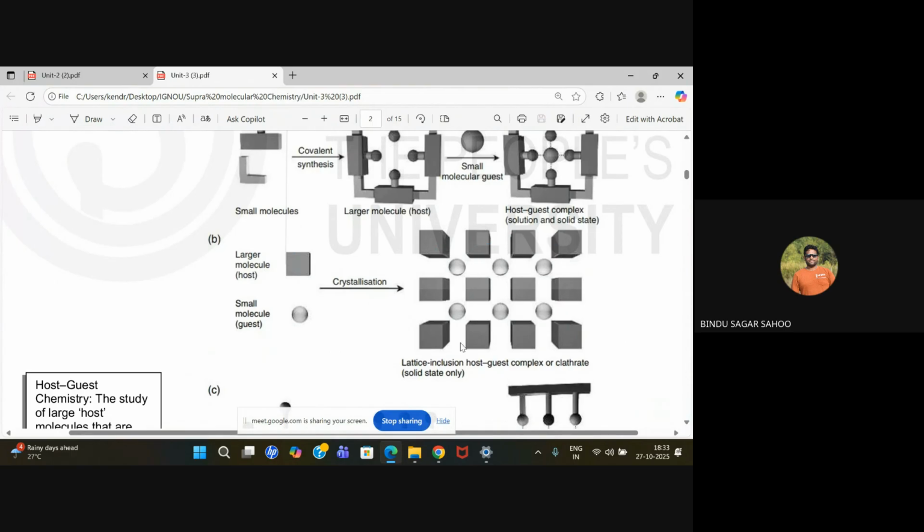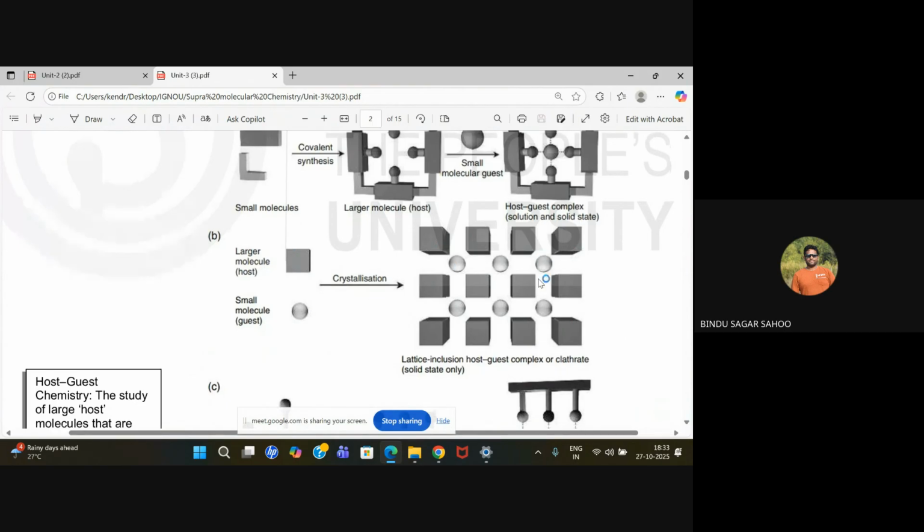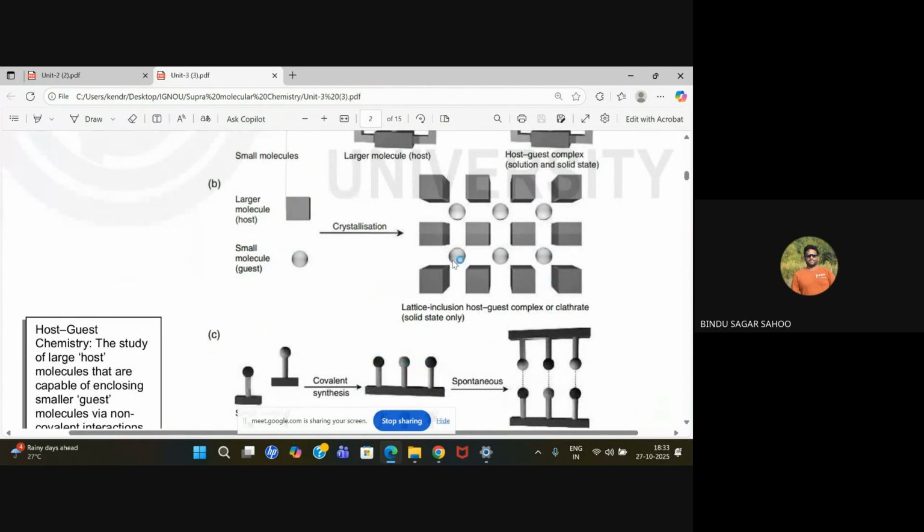These clathrates are particularly formed by noble gases, which act as guest molecules. At the end of the class, I will show you how noble gases can form clathrate compounds.